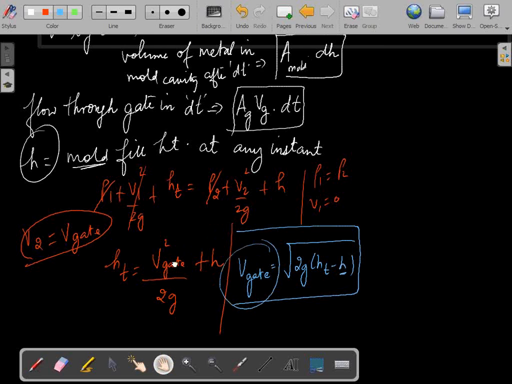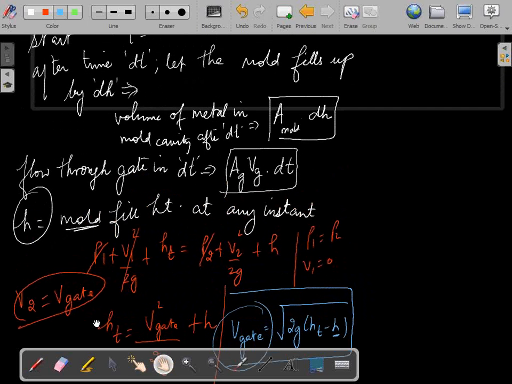Now let us substitute this value. Let us first of all equate this value, that is the volume of metal inside the cavity after dt, and let us equate this. These two values have to be equated as per the continuity principle. We see the only point of entry inside the mold cavity is the gate.